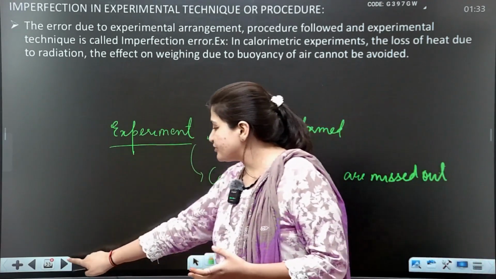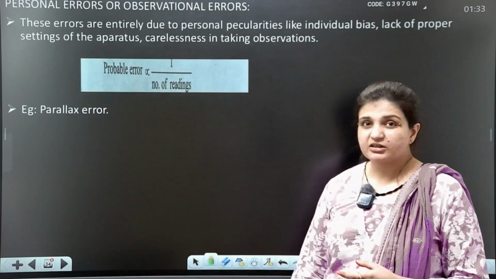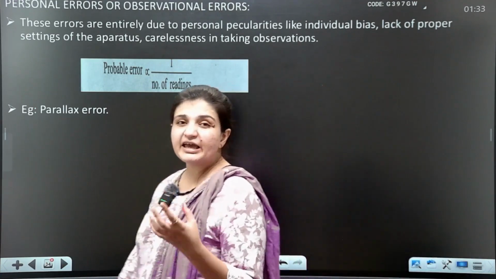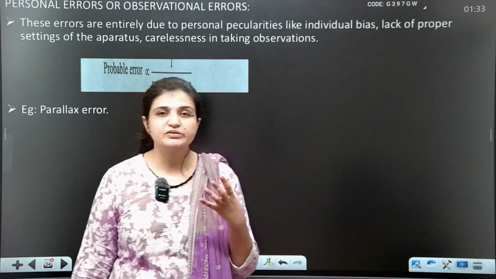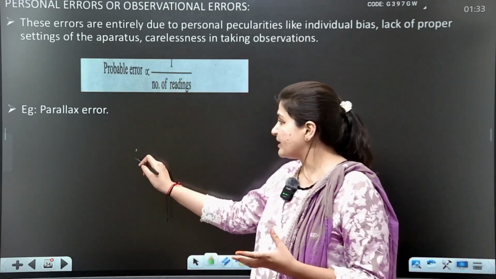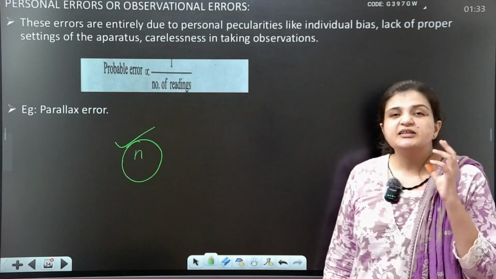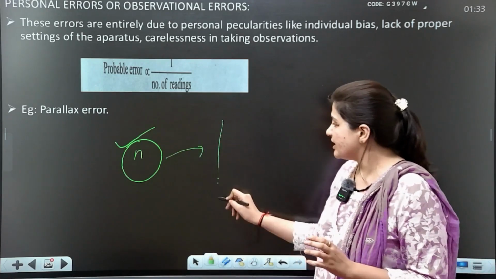Now let's proceed further to personal error or observational error. The value of this error is inversely proportional to the number of readings. If we take n number of readings, then the error comes out to be lesser.